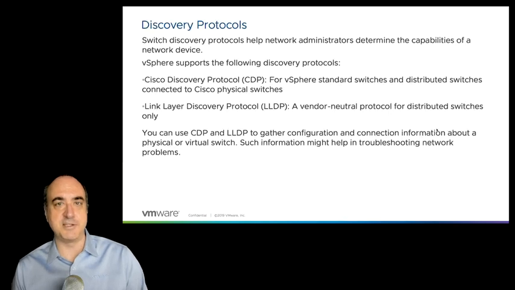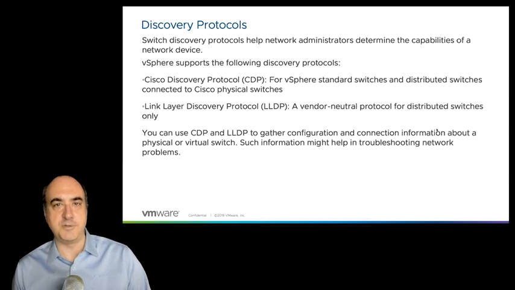Now, other things that a distributed switch offers are the choice of the discovery protocols. A standard switch only offers the ability to perform Cisco discovery protocol. You can enable that using an ESX server's command line. On a distributed switch, you have the ability to choose from Cisco discovery or a vendor neutral link layer discovery protocol.